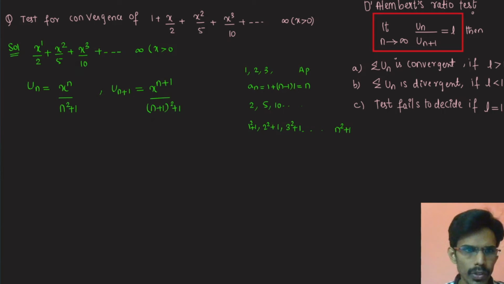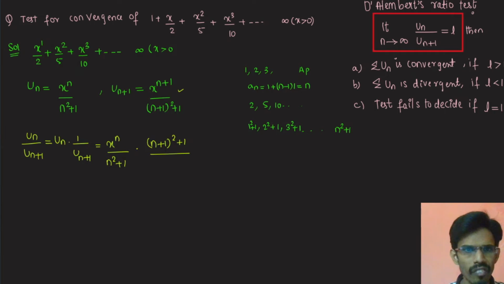The ratio of un upon un plus 1 can be written as un into 1 by un plus 1. Un is x power of n by n square plus 1. Here 1 by un plus 1 will be the reciprocal of this, so the reciprocal will be n plus 1 square plus 1 by x power of n plus 1.